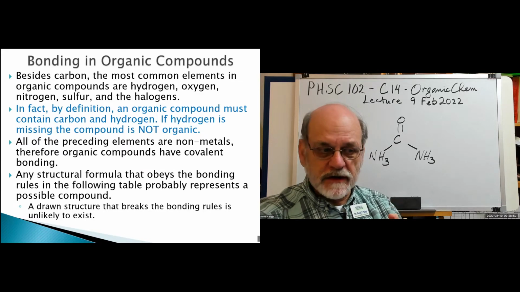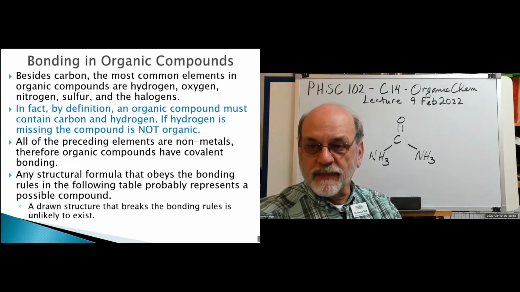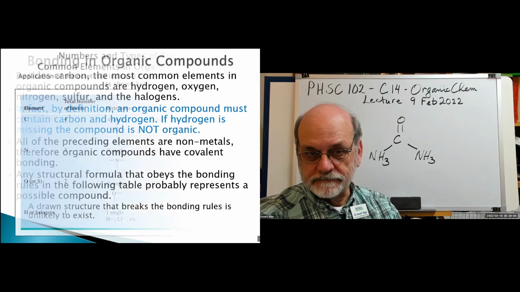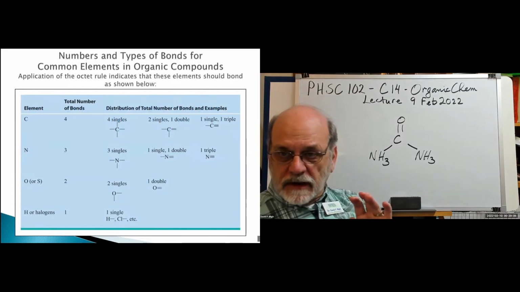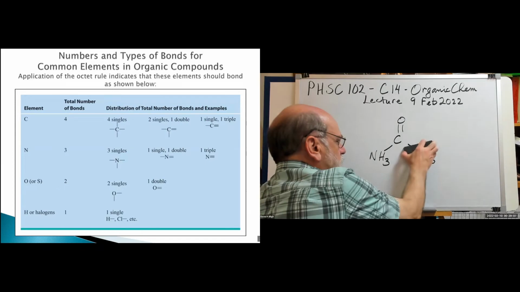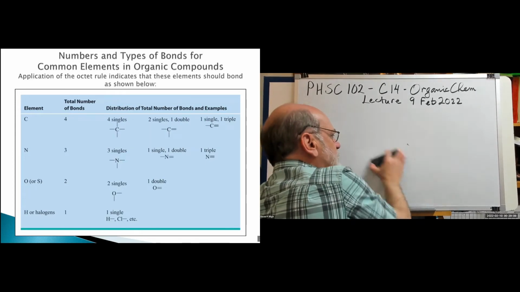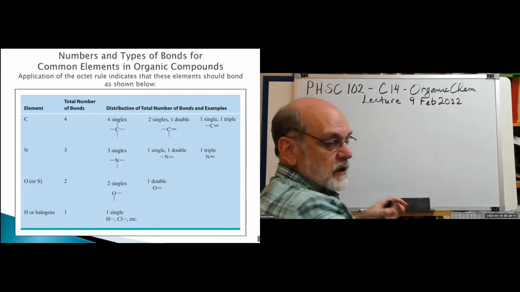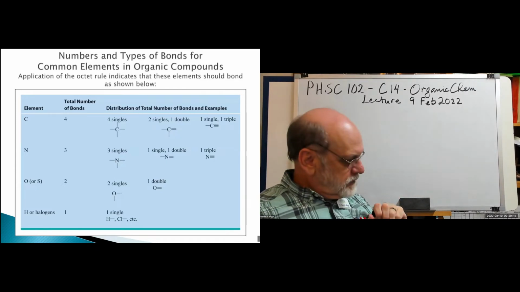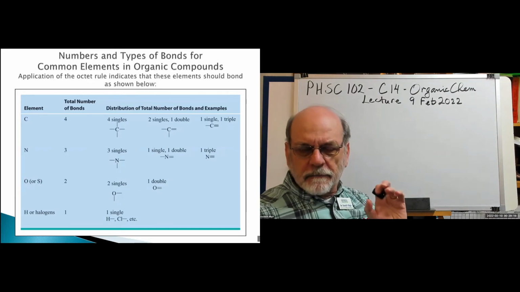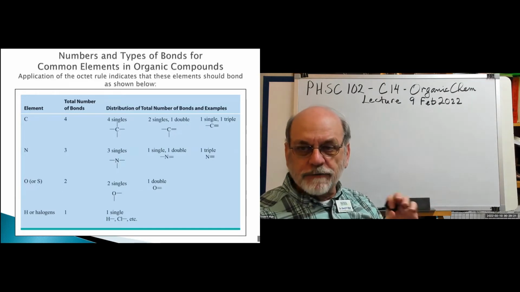So I'm going to show you a table in the next slide, and it references how these compounds can form. All right. When we consider bonding with carbon, for our purposes, carbon should have 4 bonds.